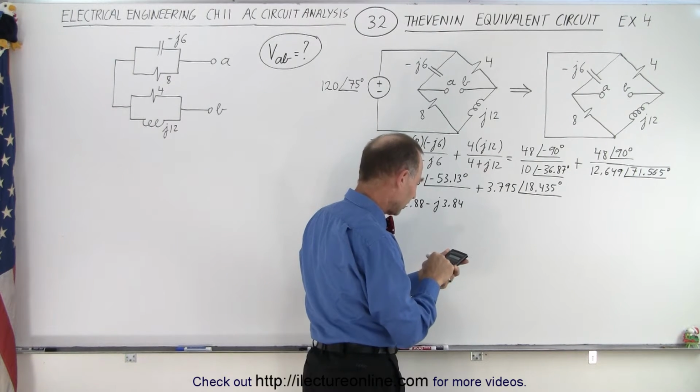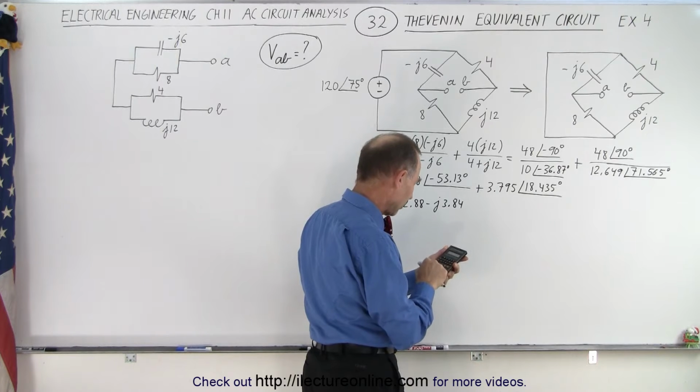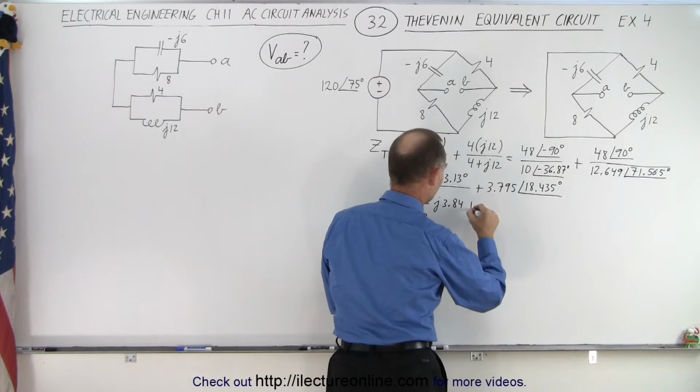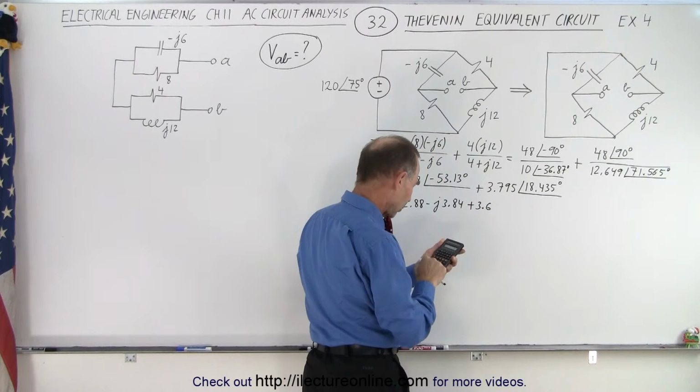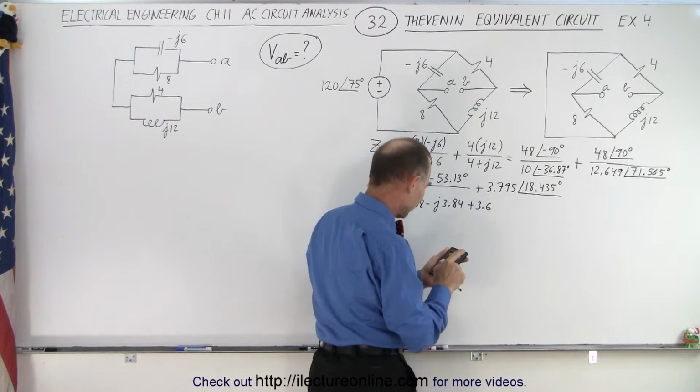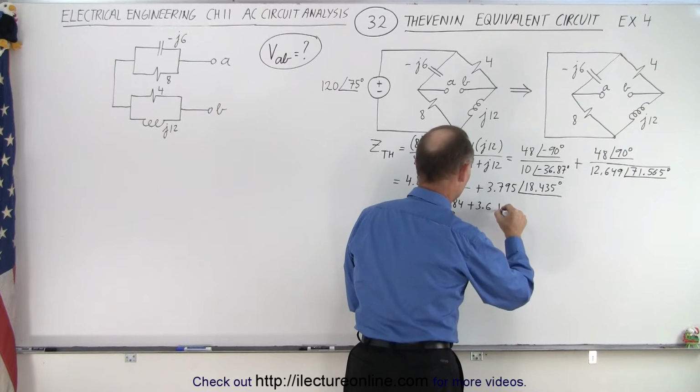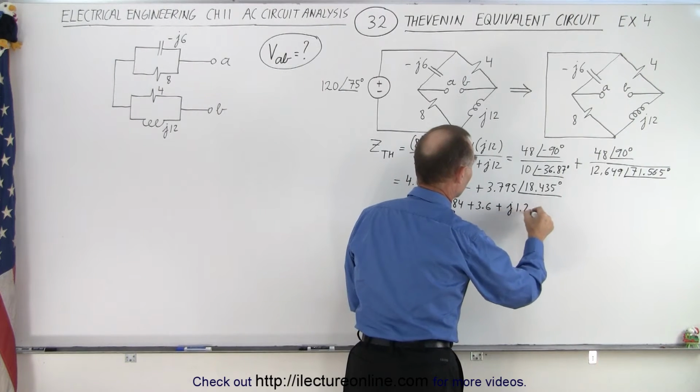Over here, 18.435, take the cosine of that times 3.795 equals 3.6. And 18.435, take the sine of that, times 3.795, and that's exactly 1.2. So plus j1.2.